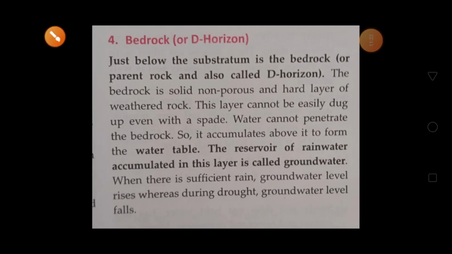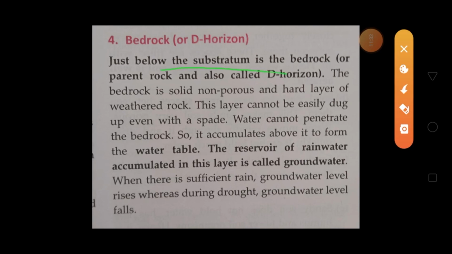Next, number 4, the fourth layer of the soil, that is bedrock, rock particles, tight rock there. Okay, so just below the C horizon or substratum is the bedrock or parent rock, and it is also called D horizon.